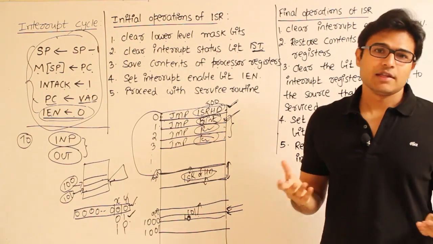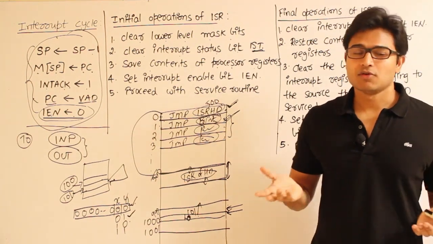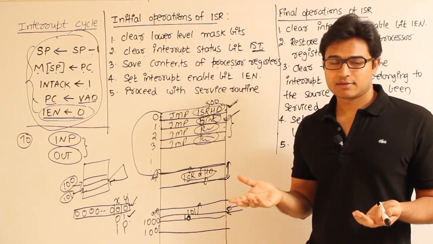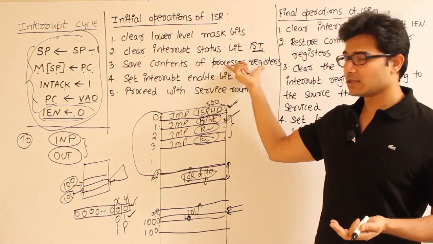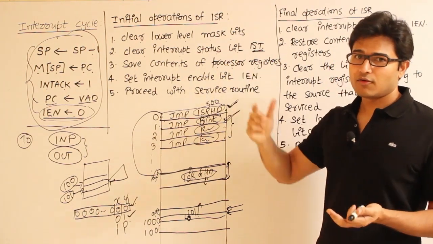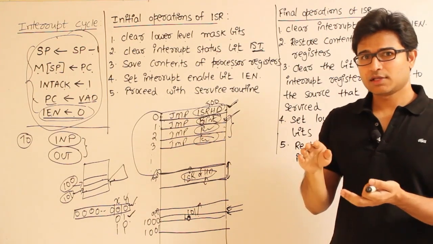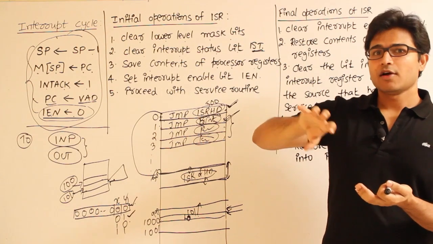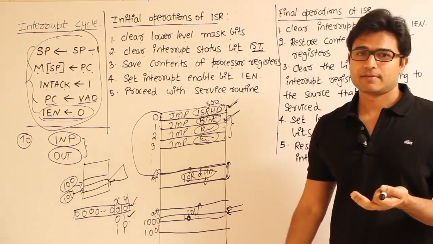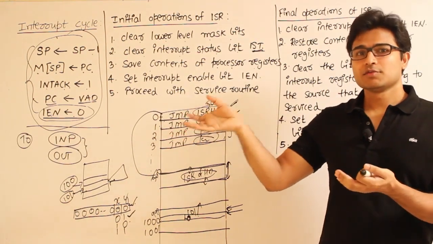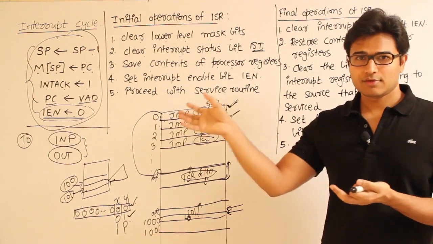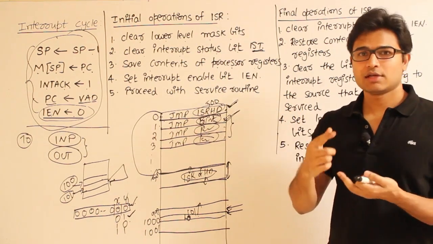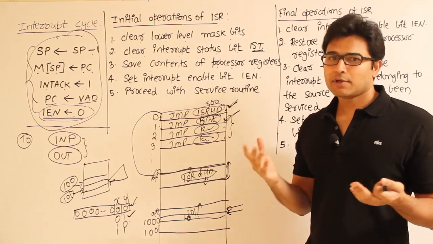Instead, whenever there is an interrupt, you will always have to save the context, isn't it? I think you know what this is. It is the context of the processor. If the processor is executing a program, whatever is present in the registers has to be saved at some point, right? Later, when the program resumes at that particular point, you have to load the registers with those values, so that there will be no ambiguity.